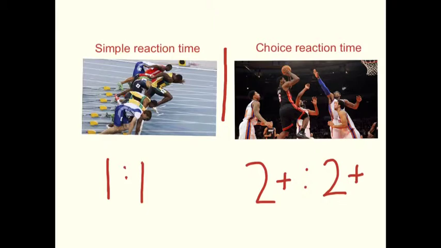So in this respect, we have a basketball player, and the stimulus is obviously the ball, the net, the player trying to challenge him here, another player trying to challenge him here, and we have a number of responses that could go with it. So you've got obviously the shot, you've also got the player who could receive the ball here, and the player who could receive the ball here, and it increases the possible outcomes. So we've got two different definitions: simple reaction time and choice reaction time.